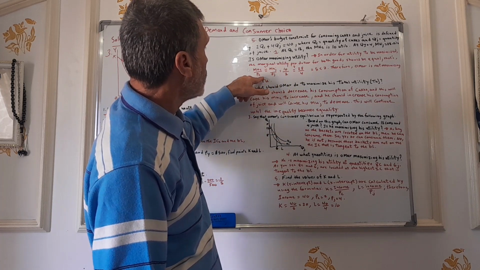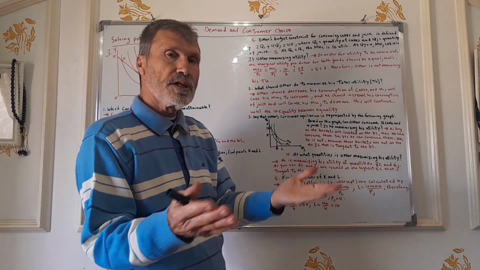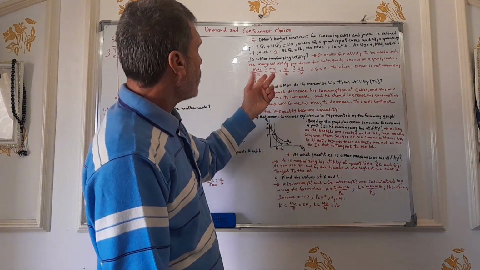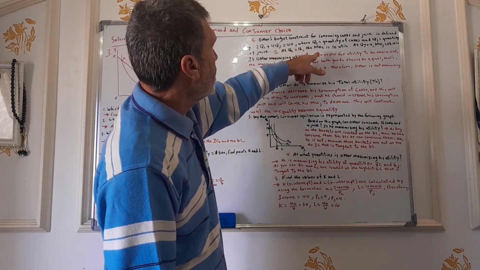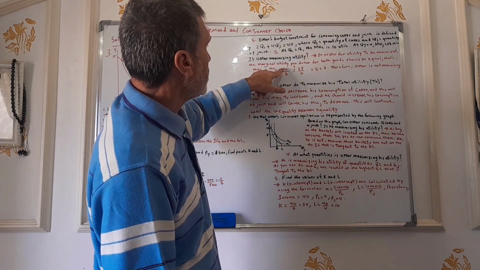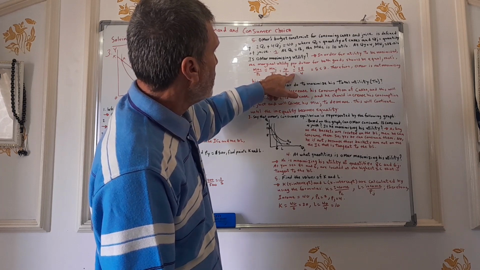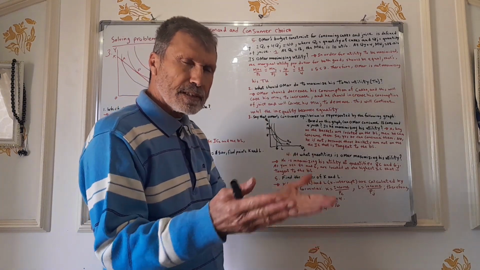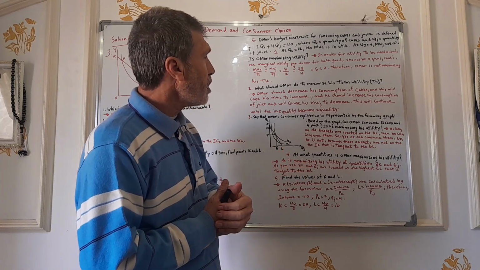We put a question mark to see whether they are equal or not. Marginal utility of C is 10 utils, and the price of C is 2.